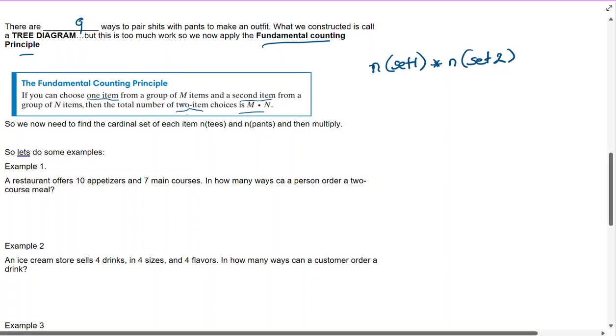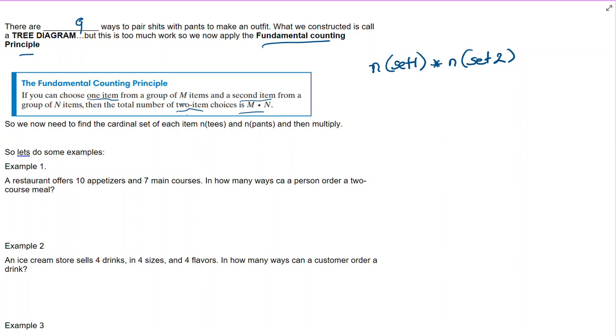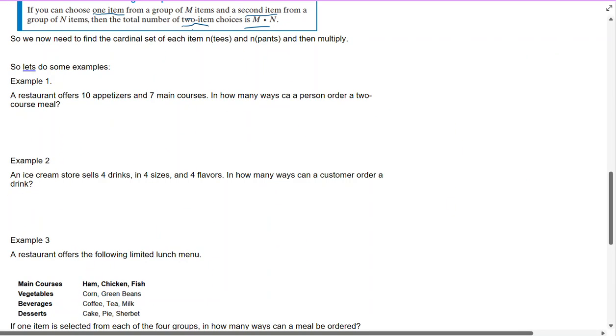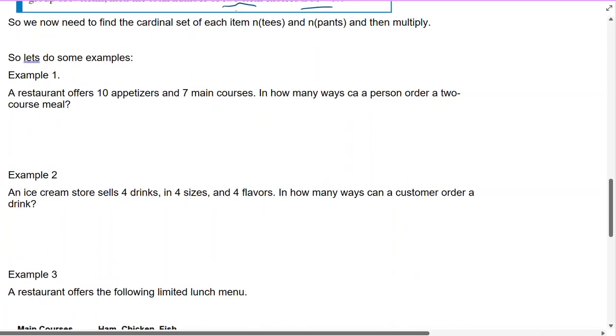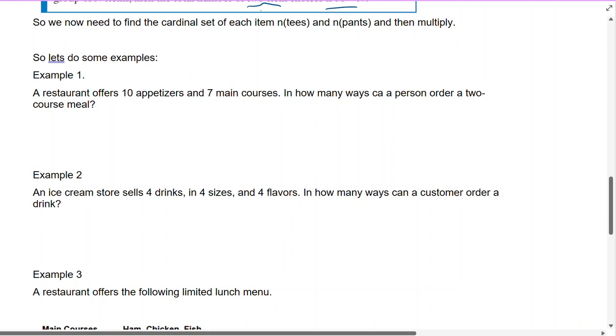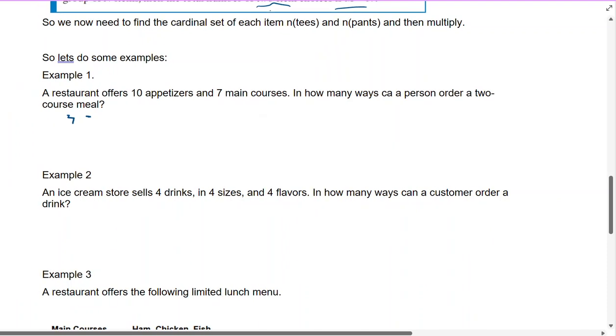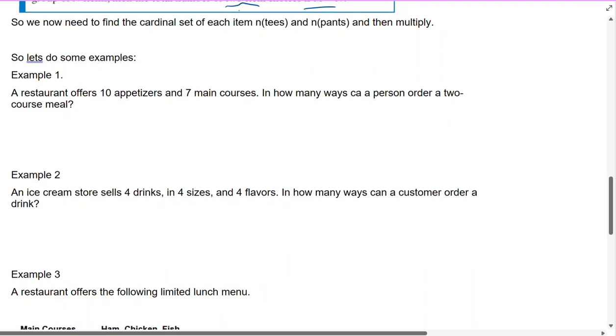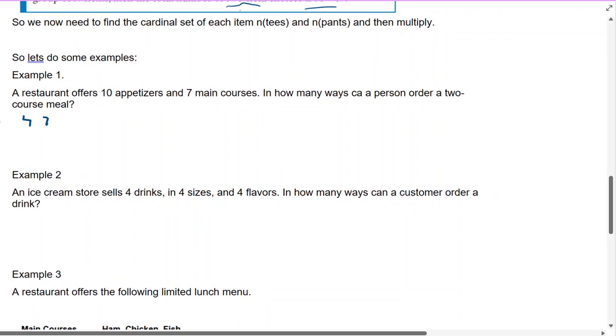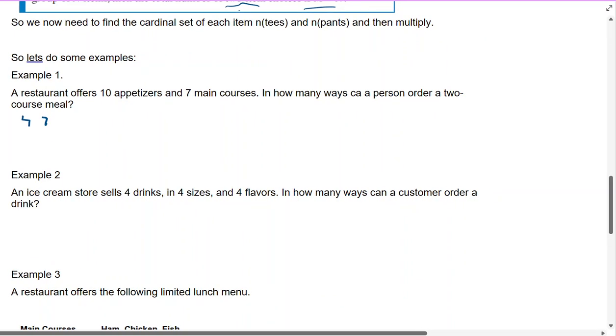A restaurant offers 10 appetizers. It's a very big one if it has 10 appetizers. Okay, and I'm writing awful. That's 1 set. 7 main courses. The second set.